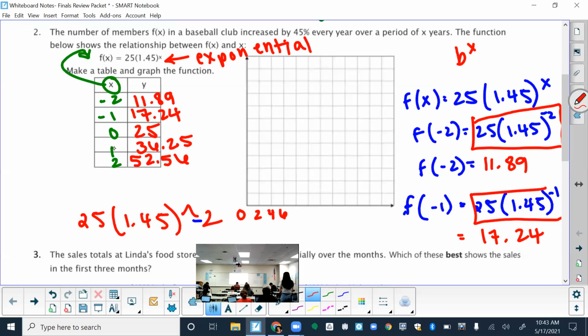I would have a point at 0, 25, at 1, 36.25, and at 2, 52.56. I'll show you what it looks like, since you do have a graphing calculator.